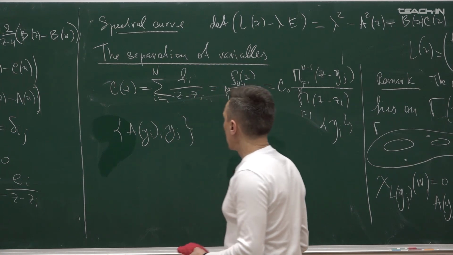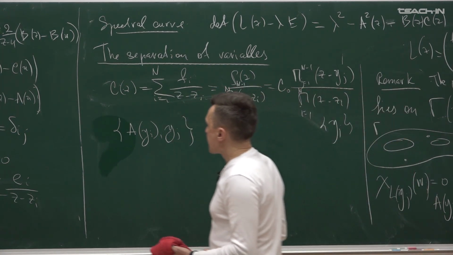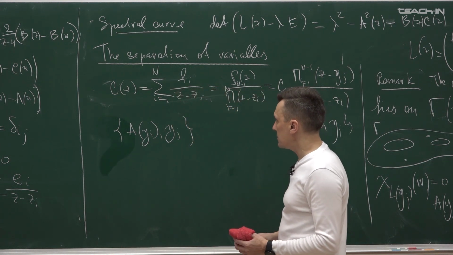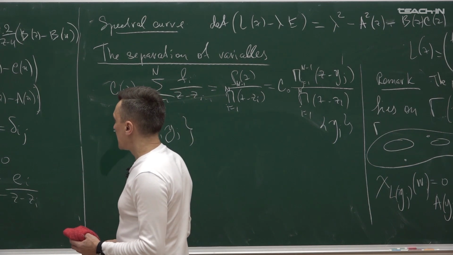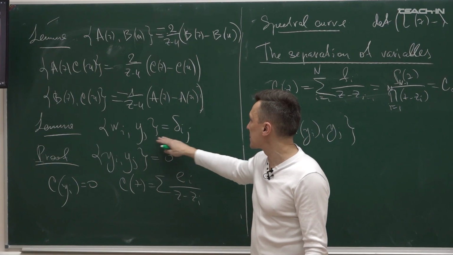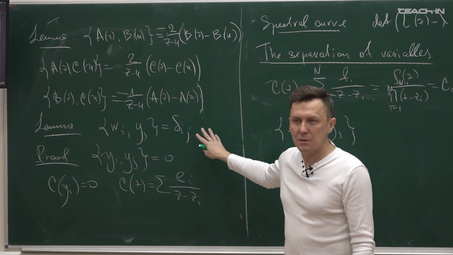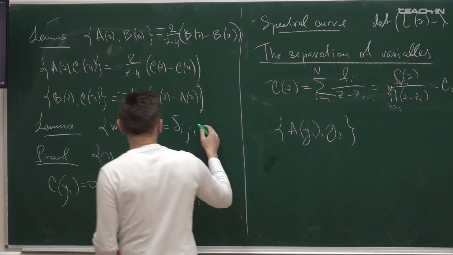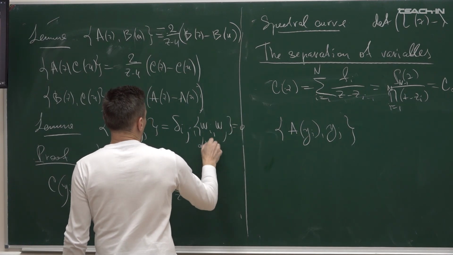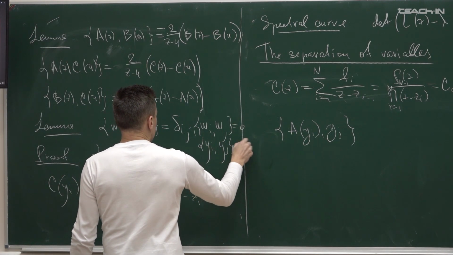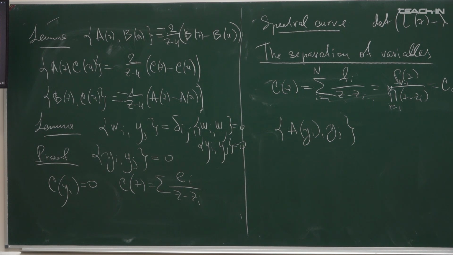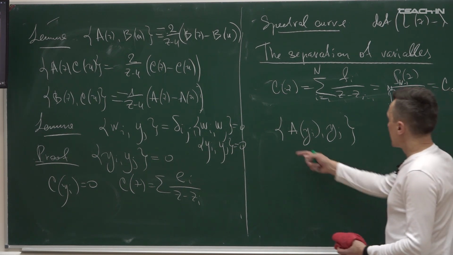This is part of the statement, so it should be delta ij. You see, I mean that these are the canonical variables. All other Poisson brackets are trivial. Let me write it: omega_i with omega_j is 0, and y_i with omega_j is also 0. So we have demonstrated the first simple part of this statement.